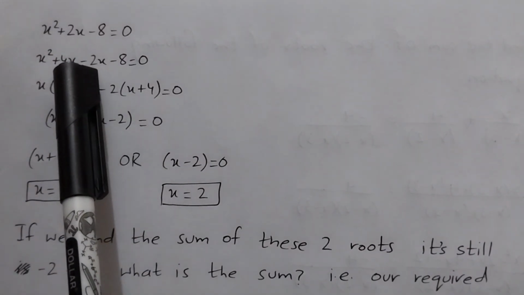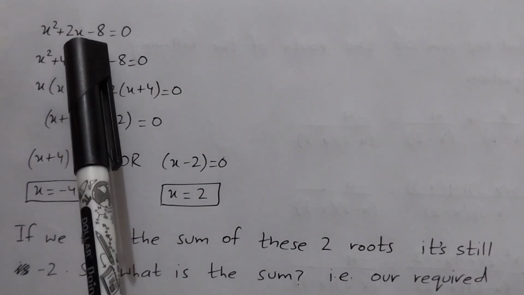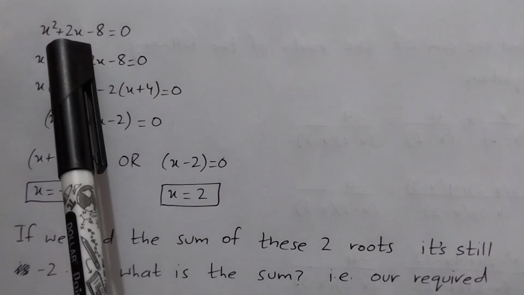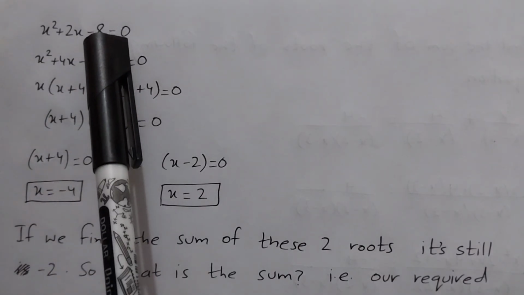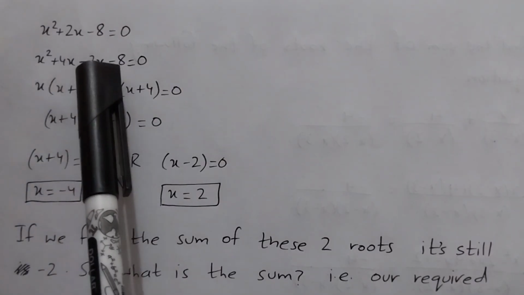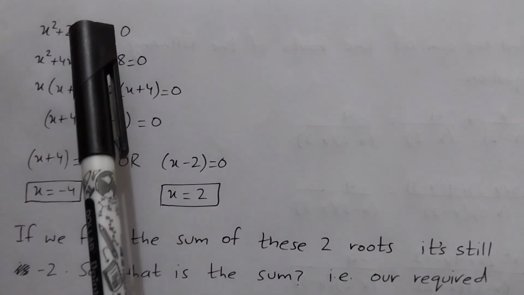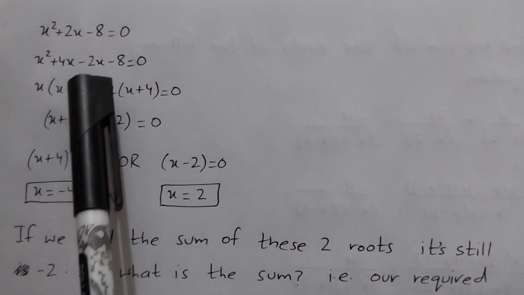We can solve this quadratic equation by middle term breaking, and we need to find those two terms which when added give us plus 2x, and when multiplied give us minus 8x square. So those terms are 4x and minus 2x. They add to give us plus 2x, and when they are multiplied they give us minus 8x square.